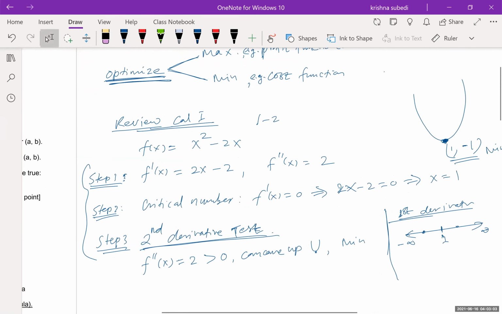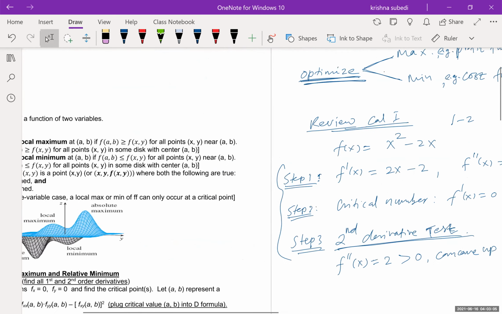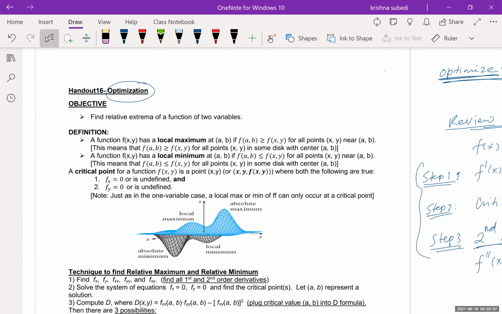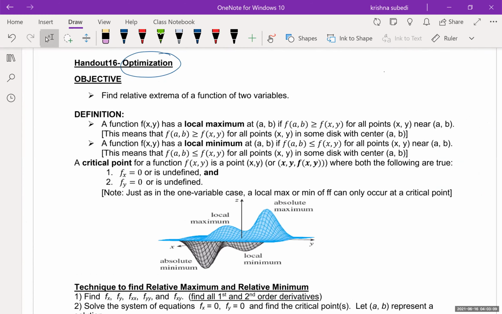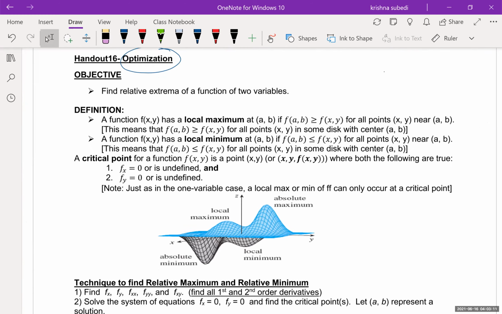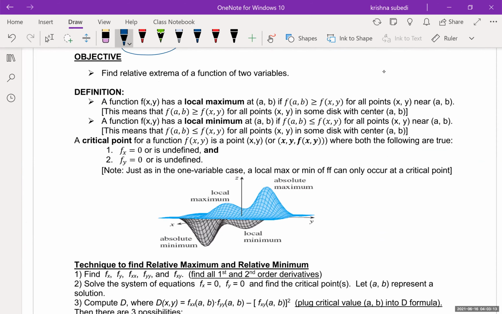And let us look at the local minimum and maximum in 3 dimensions. If we draw the graph in 3 dimensions, you will get a surface like this. This is the graph of a function in 3 dimensions, z equals f of x, y. There is one maximum here and another maximum there.